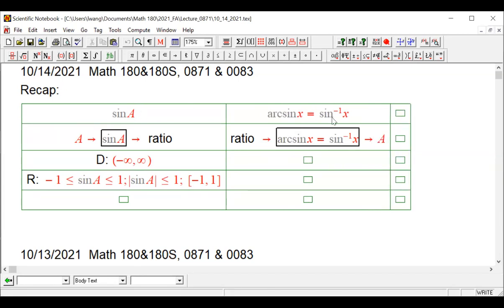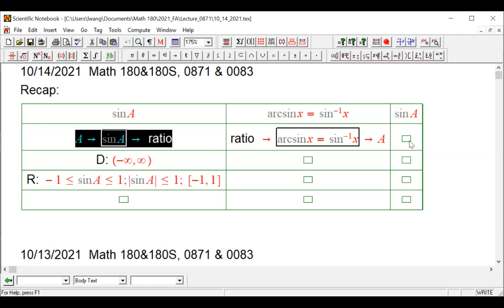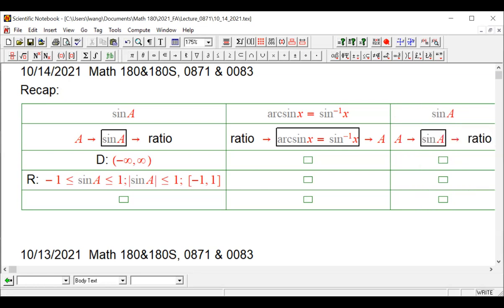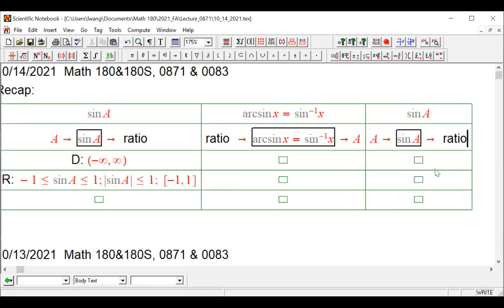But these two functions are not inverse to each other. So what's the inverse for ArcSine? The inverse for ArcSine is another function, the other function also doing angle to ratio, right?